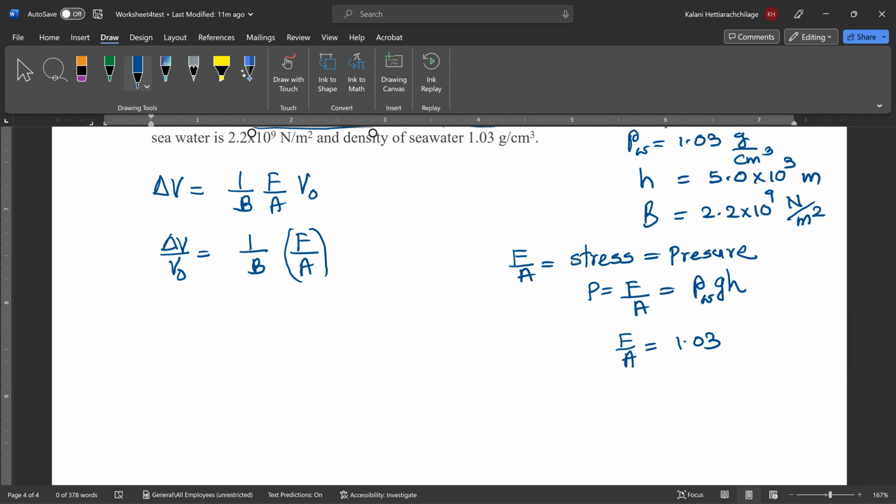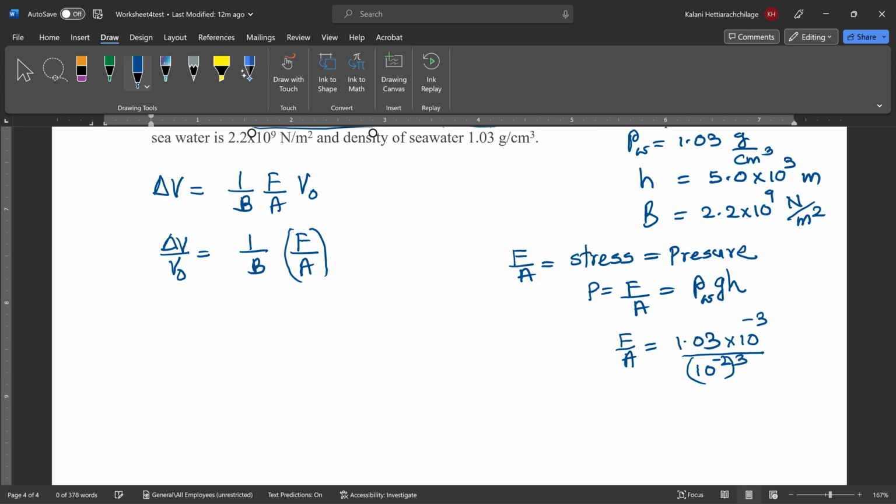Okay, so density is given. Then you know that you need to convert that into SI units, right? This density is in grams over centimeter cube. I need kilograms over meter cube. Okay, convert grams first, 10 to the negative 3 kilograms, and divide by centimeter cube, centimeter into meter, 10 to the negative 2 times 3, right?